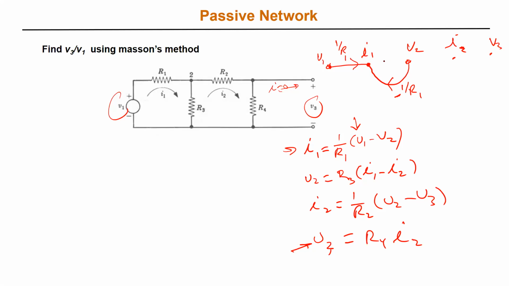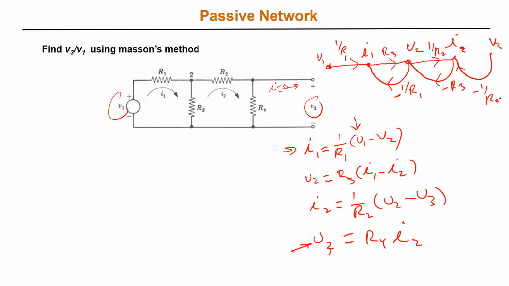Multiply I1 by R3, and minus I2 times R3. Then I2 is 1 over R2 and minus 1 over R2.